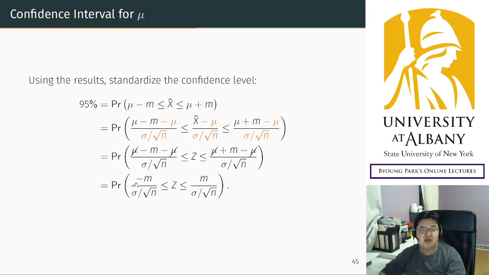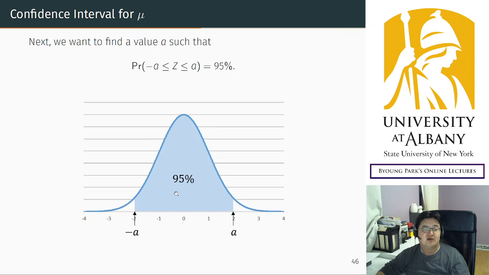How can we find these numbers? Now you have to use the standard normal distribution table or calculator, right? So what we want to find is this structure. Something plus minus something contains 95%, right? So plus minus A contains 95% of the standard normal distribution.